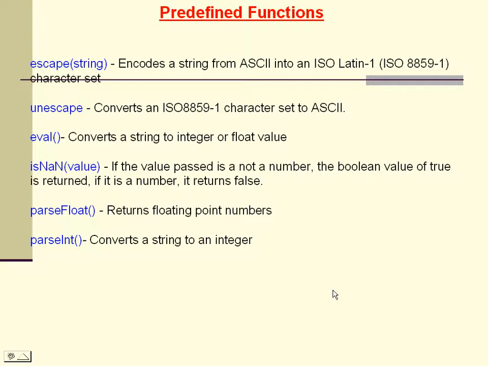This receives the value as a parameter. It returns a boolean value true if the value is not a number and false if the value is a number. parseFloat. This returns the floating point numbers. parseInt. This converts the string into the integer.